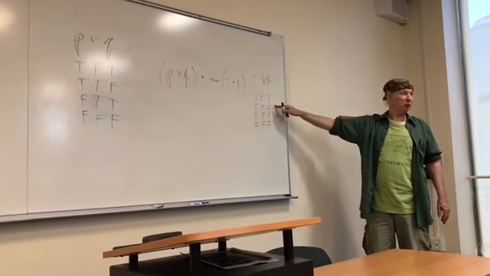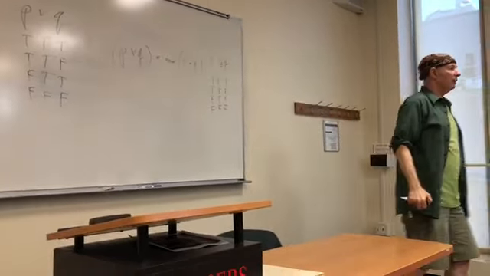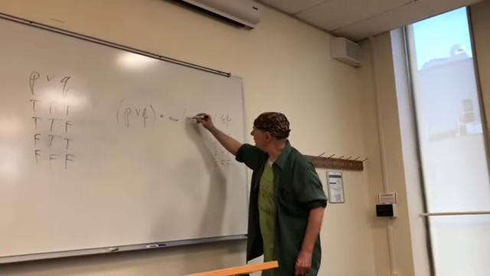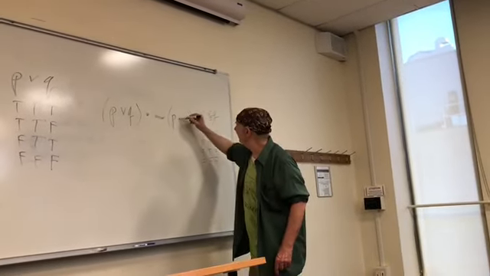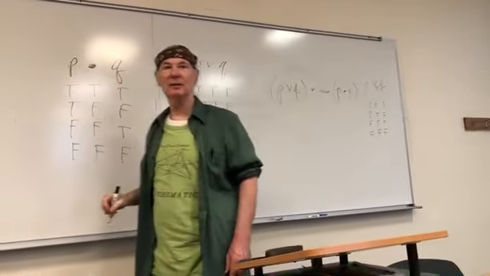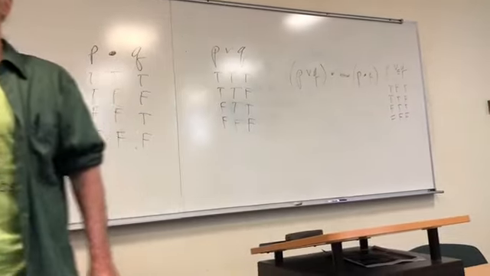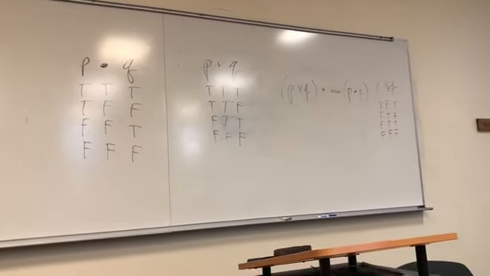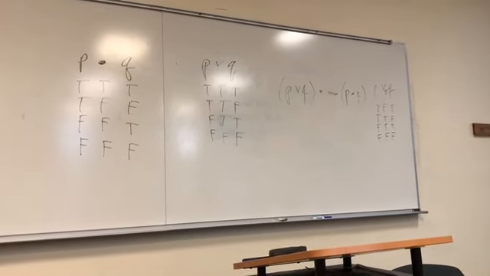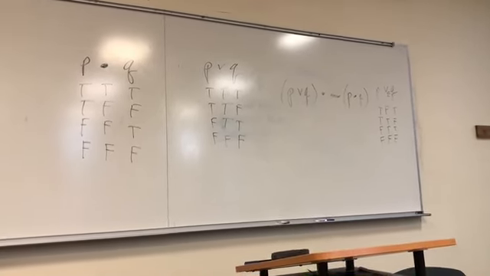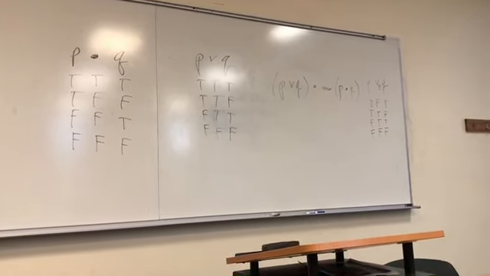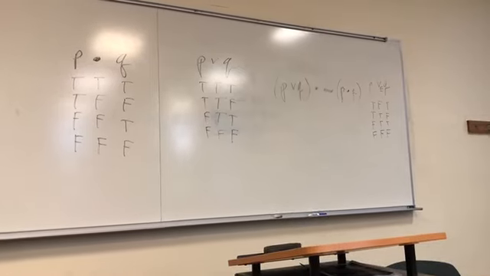Okay, that's the truth table definition of exclusive or. The claim is that this sentence gives you a definition of exclusive or in terms of inclusive or and squiggle. The only way to verify this is to build a truth table for that sentence.